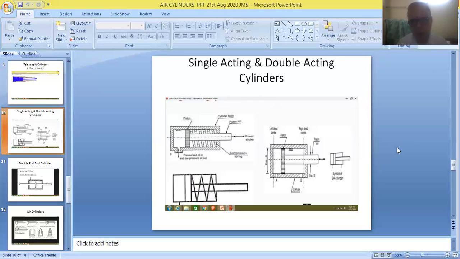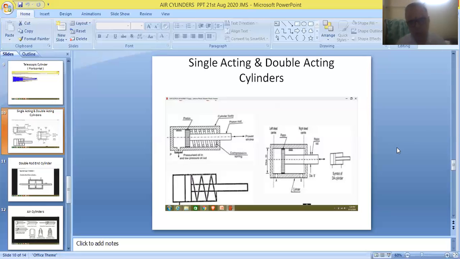And finally, this double acting cylinder has two ports. Therefore, four-way and five-way valves are used for controlling double acting cylinders. In the sense, four-way and five-way valves are provided with two outlets. So the four-way valve will have two outlets, and the five-way valve will also have two outlets.